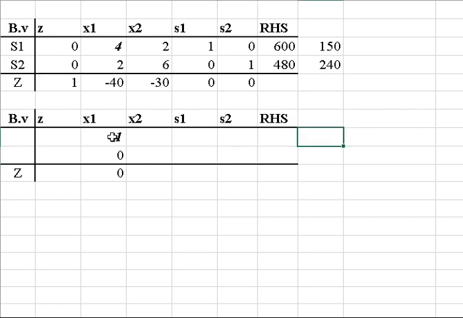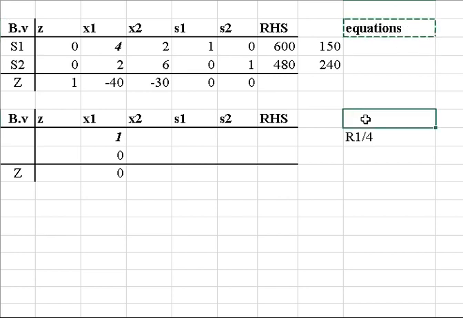For this value to become 1, we could divide the whole row by 4. Let's create equations. We could divide the whole equation, the old R1, by 4 para siya ay maging 1.